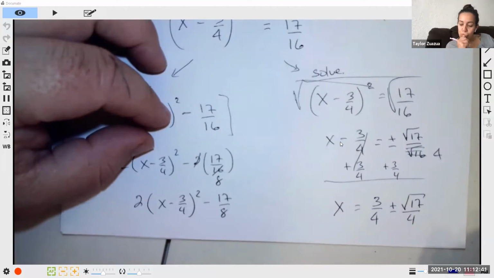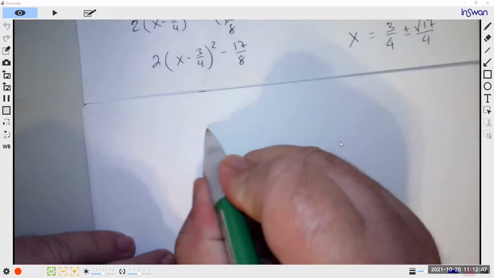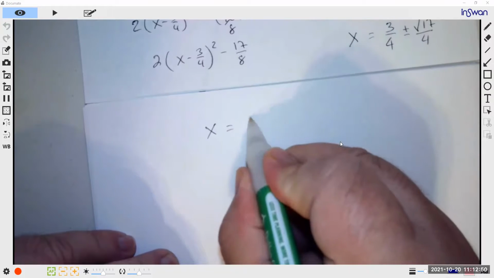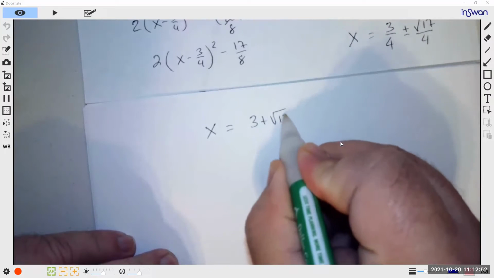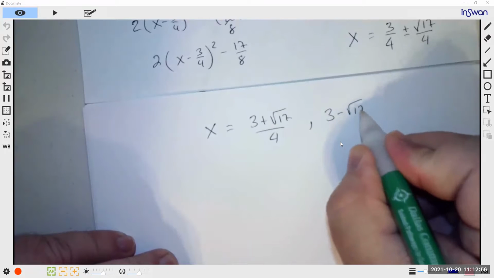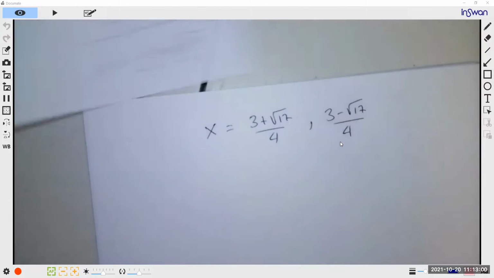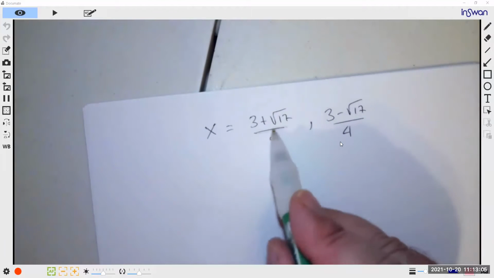Which means our x-intercepts would be x equals 3 plus the square root of 17 over 4, and 3 minus the square root of 17 over 4, because we have a common denominator, 4.